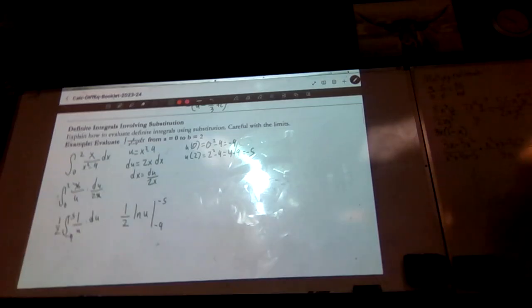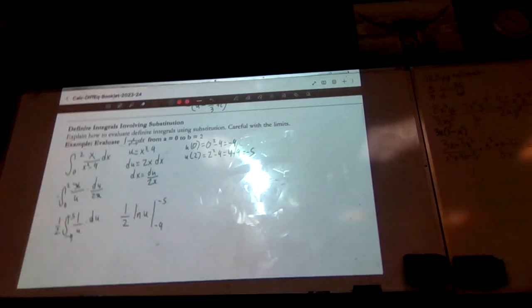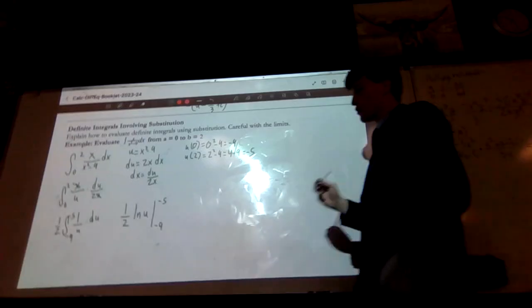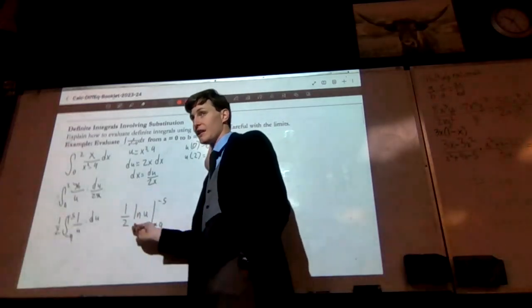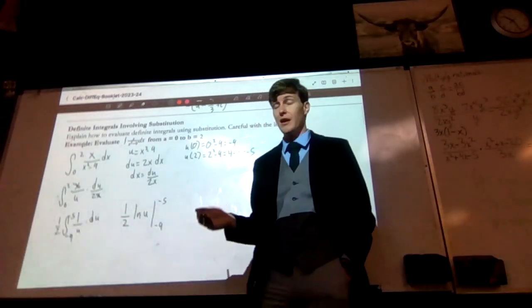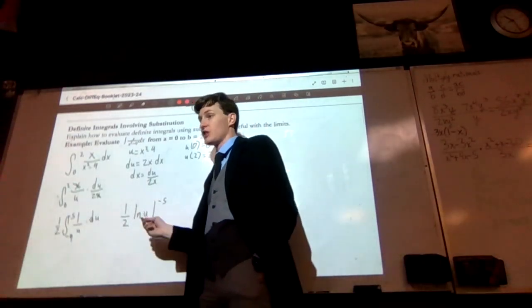Now, one thing to remember is that whenever we do integrals or derivatives and we get the natural log of u, can we actually get negatives inside of a natural log? No. Whenever you take the integral of 1 over u, since we're undoing something we already did, we have to assume that it is always going to be positive.